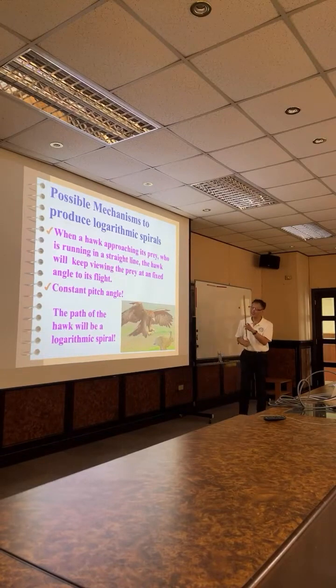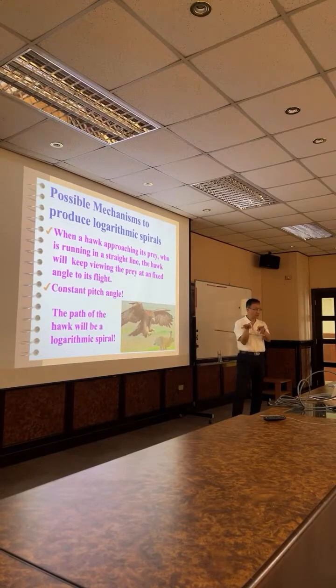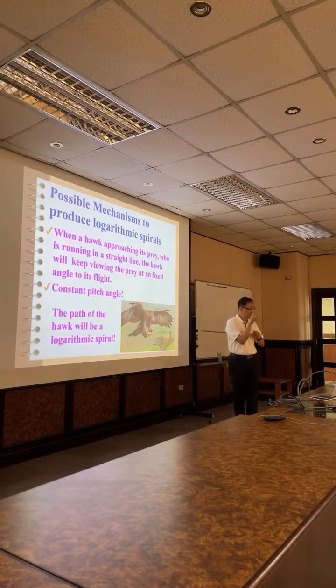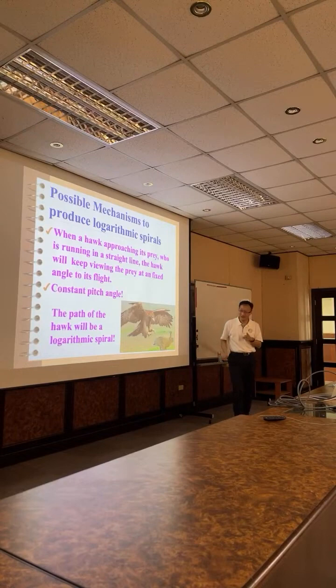Now the hawk keeps its eye on the rabbit, and keeps its direction of flight at a fixed angle to it. The rabbit keeps running and the hawk keeps approaching, but always with its eye at a fixed angle.